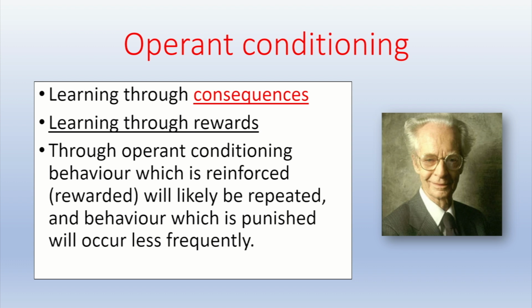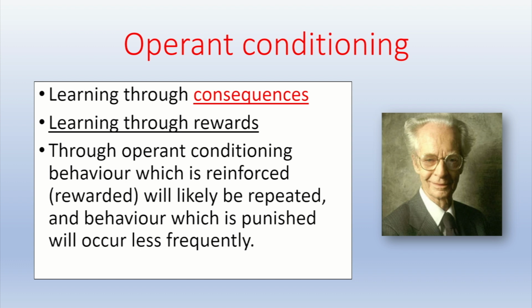With operant conditioning, if our behaviour is rewarded, then we are more likely to do it again. You might remember as a child in primary school, you were given a lot of stickers, golden time, lots of rewards, and that made you learn very quickly that if you do good behaviour or you try really hard at school, then you would be rewarded for that.